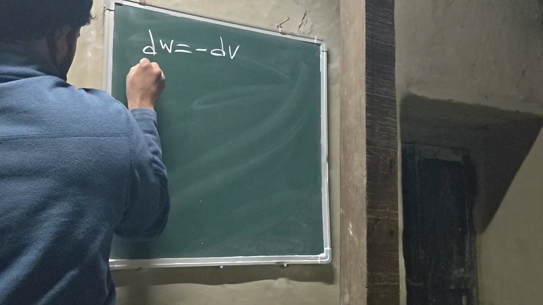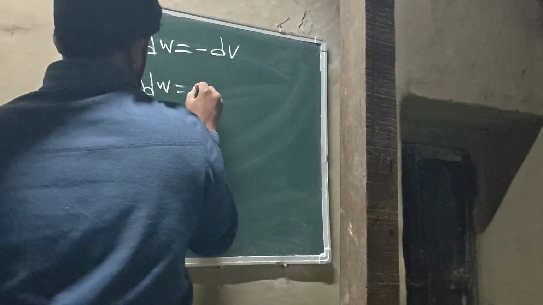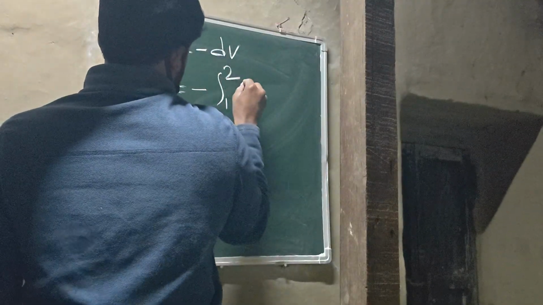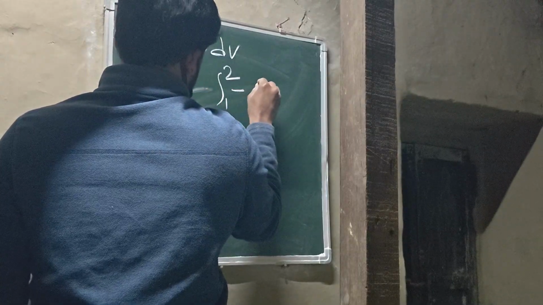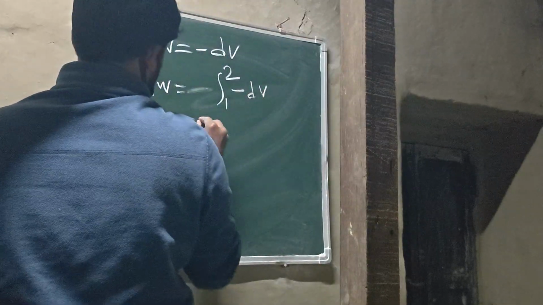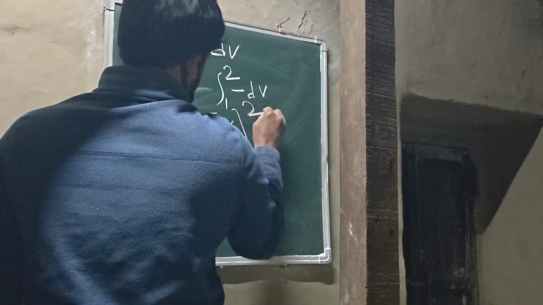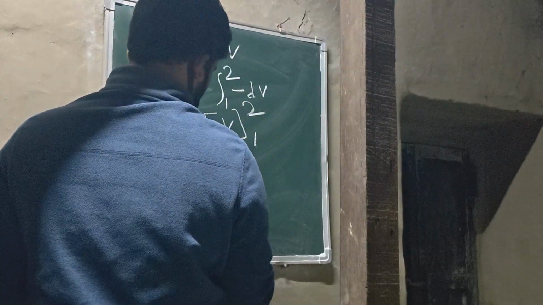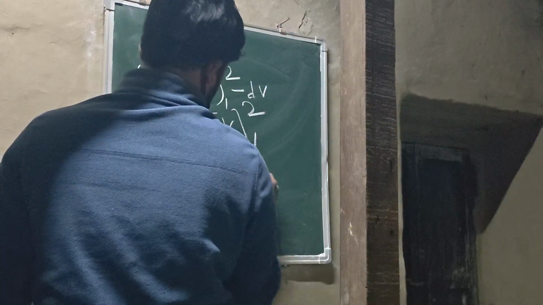The total work done, integration dW equals minus constant integration 1 to 2 dV, equals minus V from 1 to 2, equals V1 minus V2.